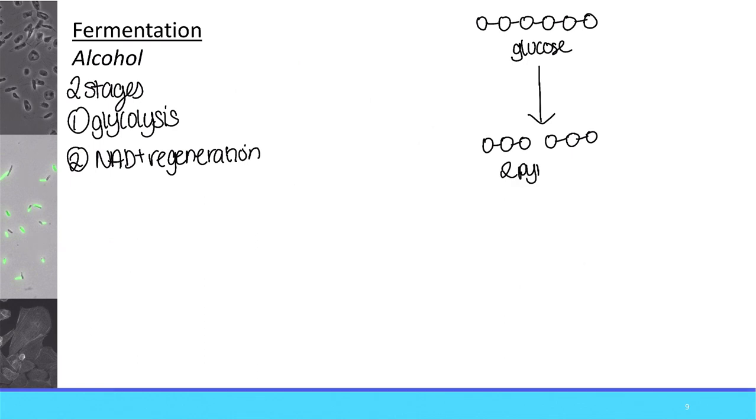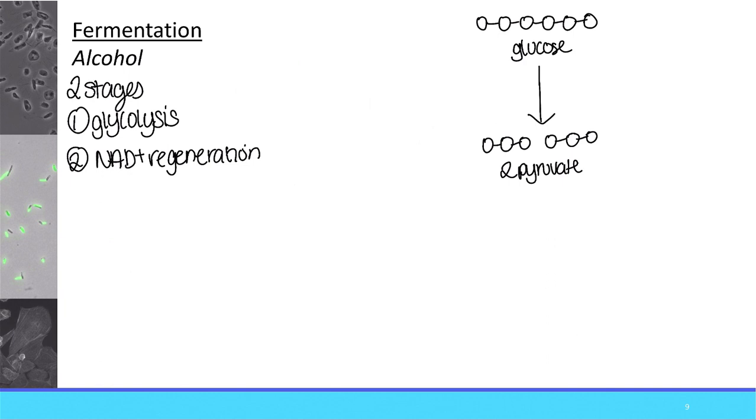Okay, so let's go ahead and draw that here on the right of this page. We're going to start by drawing our carbons, and just like we have been in all of our other lectures, we're going to represent our carbons as circles or balls. So here is our glucose. In glycolysis, we take glucose and we split that and we make 2 pyruvate. So here are our 2 pyruvate.